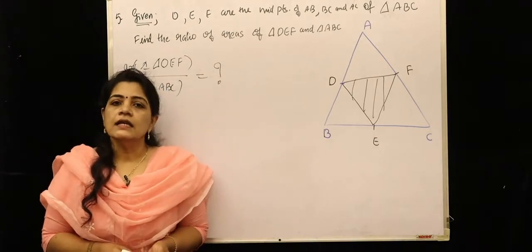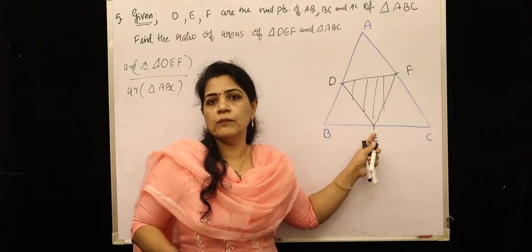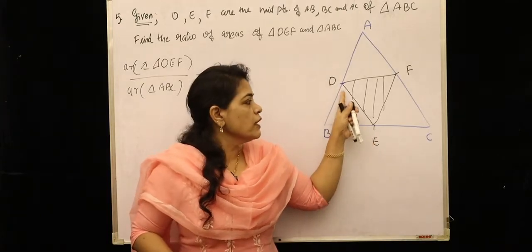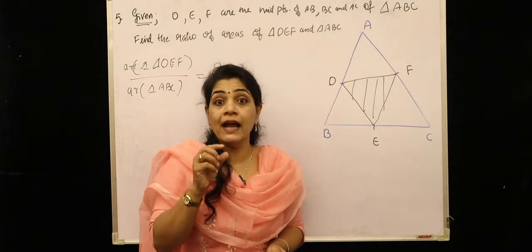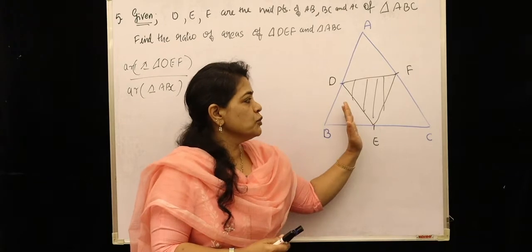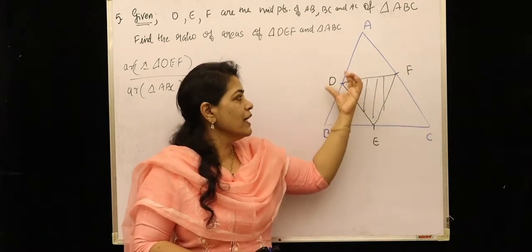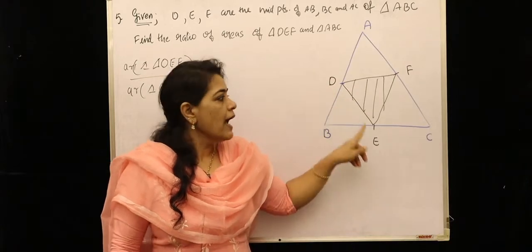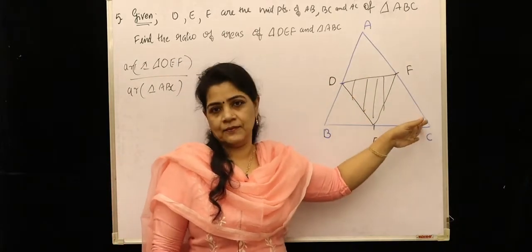Since it is given that D is the midpoint and E is also the midpoint, you just join this line. That means we will have a line segment DE which will be parallel to the other side of the triangle, AC. We have taken the midpoints of AB and BC. So what is the third side of the triangle ABC? That is AC.